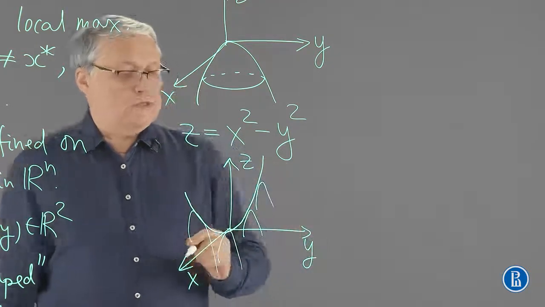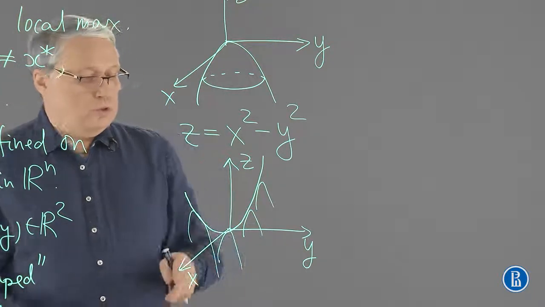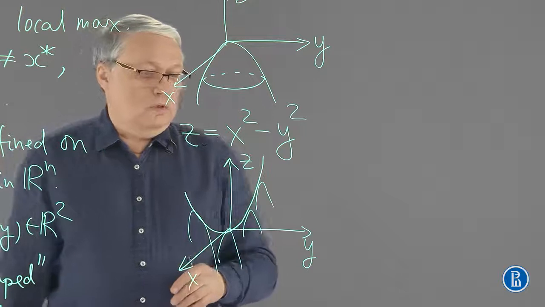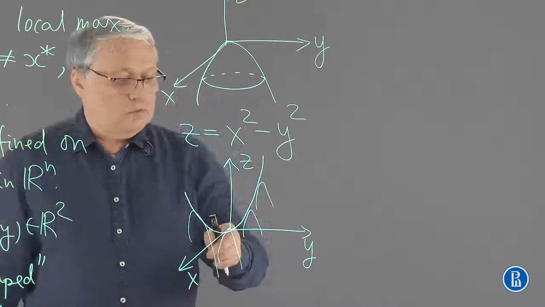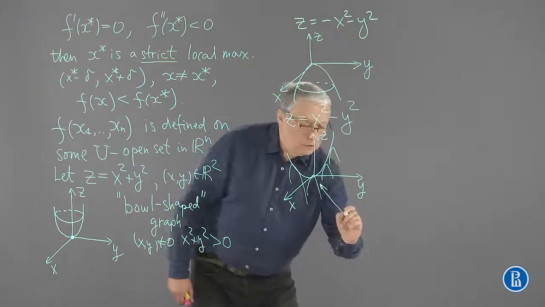And it looks like a saddle. So you can sit there at the origin and stretch your legs down. That's why the point, which is the origin, is called a saddle point.